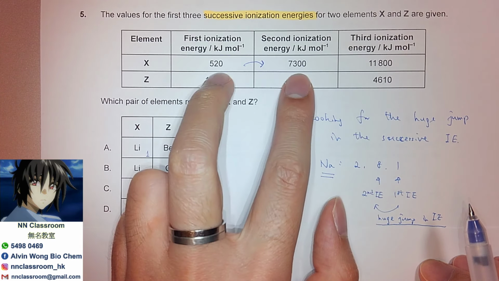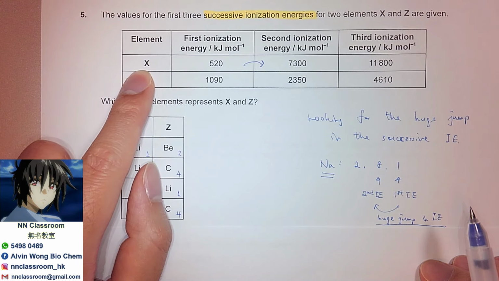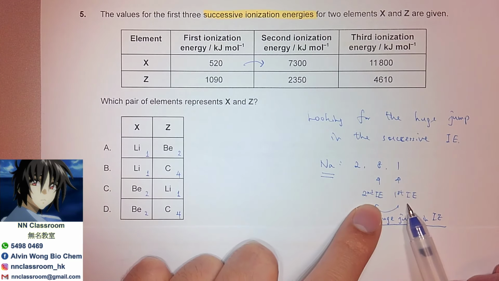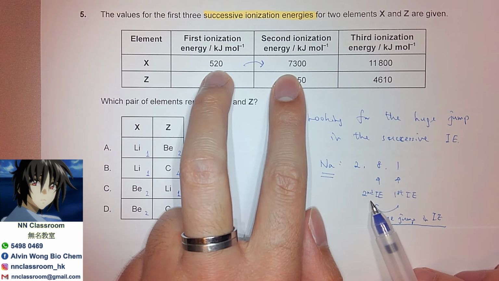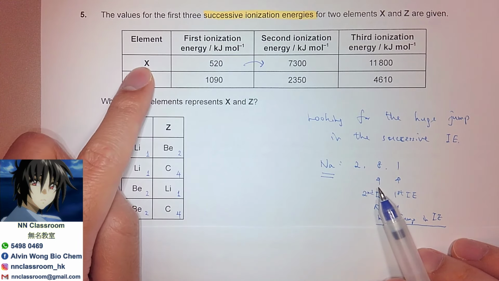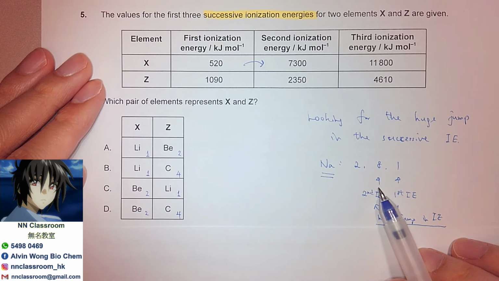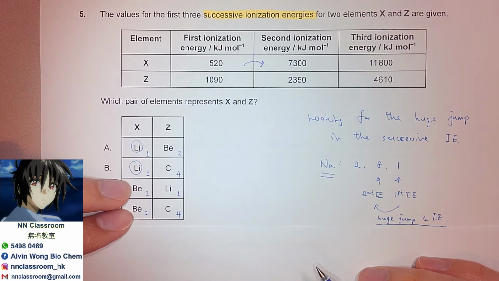So element X is similar to sodium, having a huge jump between the first IE and the second IE, which means the outermost shell has 1 electron. So we can confirm X can be lithium, but not beryllium.